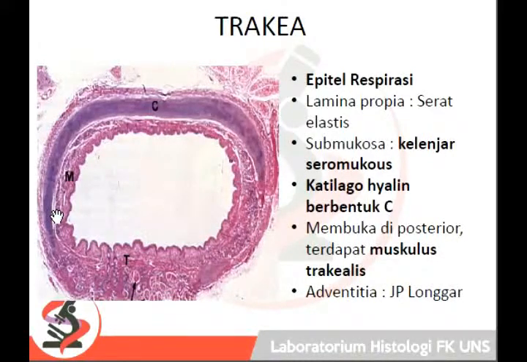In the ventral or anterior aspect of the trachea, we can find hyaline cartilage with a C shape. In the dorsal aspect, we cannot find the hyaline cartilage, but it consists of a muscle called the trachealis muscle, and the adventitia of the trachea consists of connective tissue.